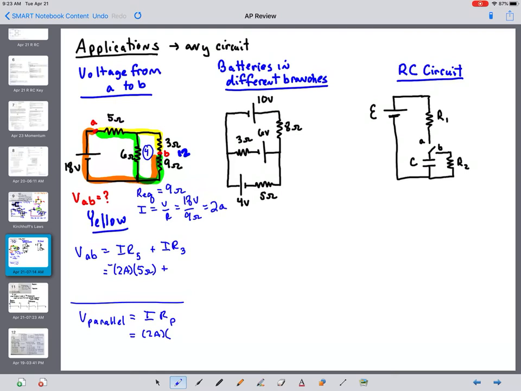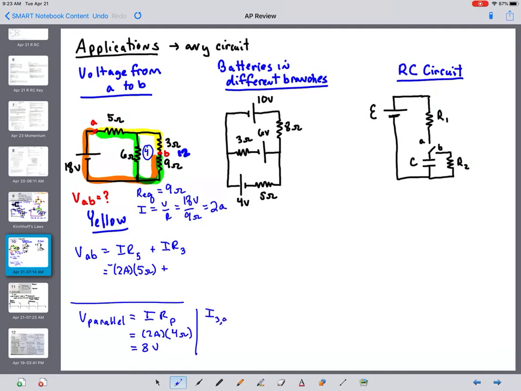All the current, 2 amps, would pass through there if there was a single resistor, which would be a 4 ohm resistor. So then I've got 8 volts. I've got 8 volts on each side. Now, I can't say, oh, I can just plug in the 8 volts for IR3. No, because part of that 8 is across the 3 ohms, and part of that 8 is across the 9. I only need the part that is across the 3. So then I need to find the current in that branch.